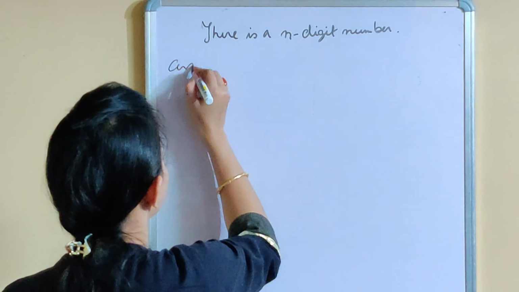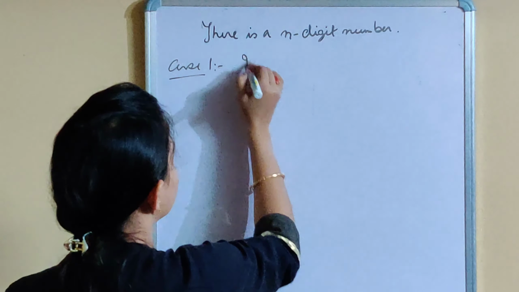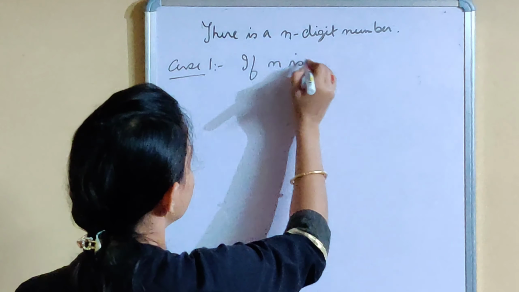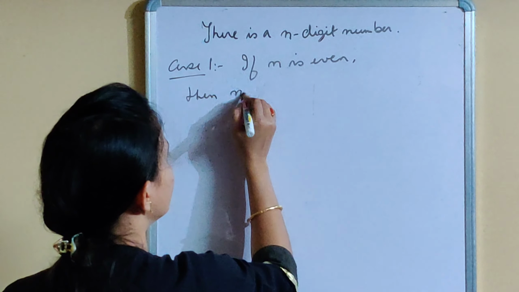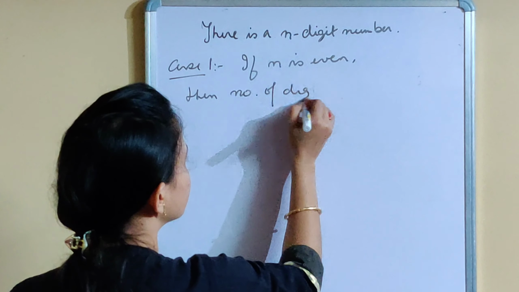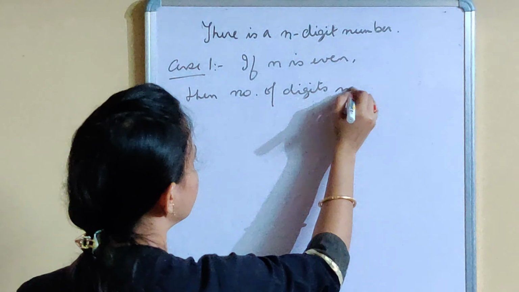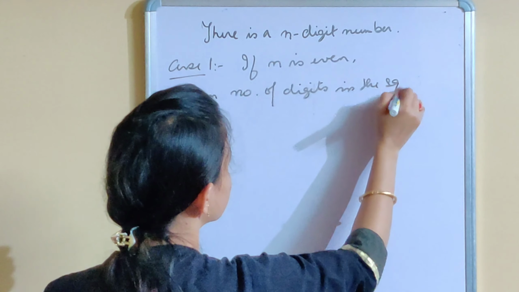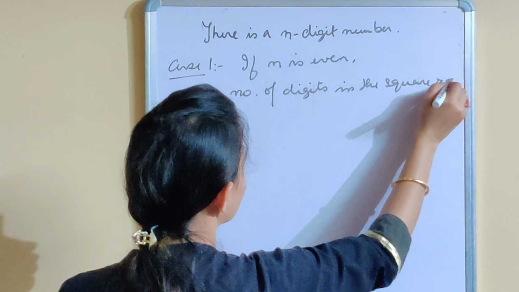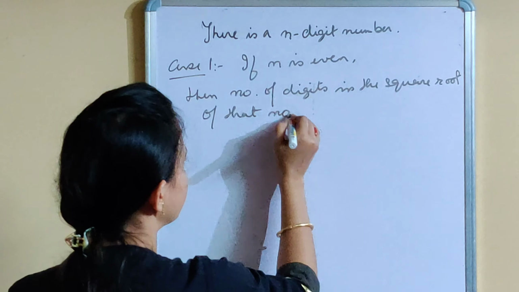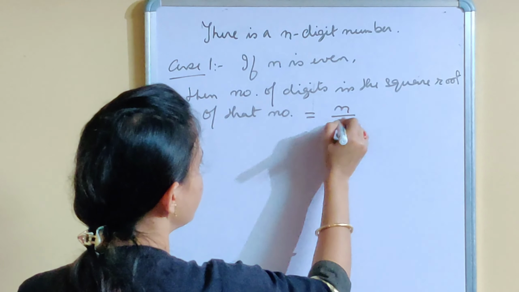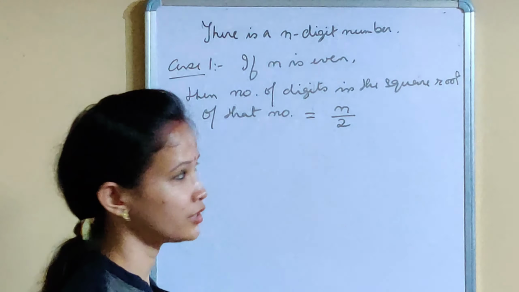So case 1, if n is even, then the number of digits in the square root of that number is equal to n by 2. Okay.